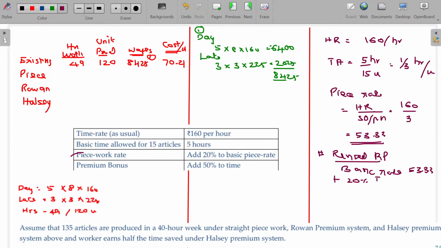If I suddenly change from one system to the other system, the employees are reluctant. If I tell you, if you don't work, you will not get any money, then immediately workers will agitate and complain. Pay me the old scheme itself.